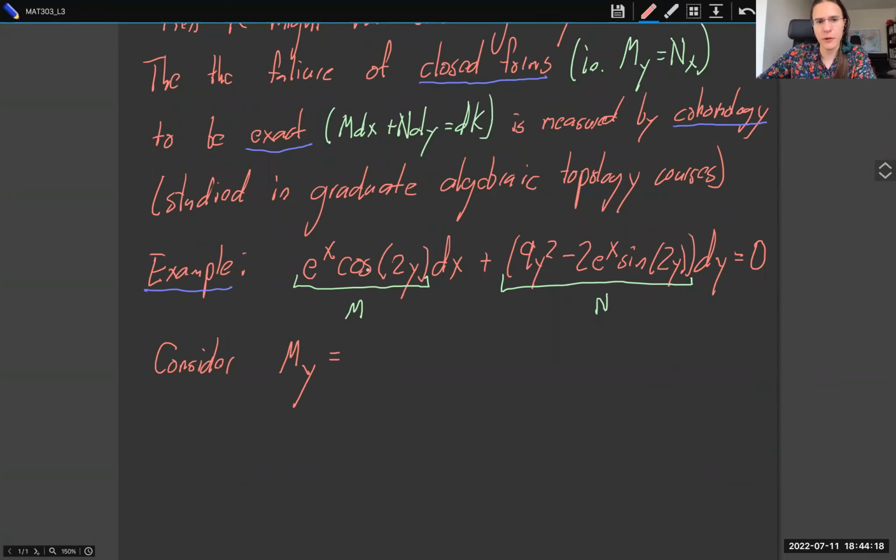So if we're taking the partial derivative of this with respect to y, what do we get? Minus 2e^x sin 2y. Good, exactly. And then if we're taking the partial derivative of N with respect to x, what do we get here?